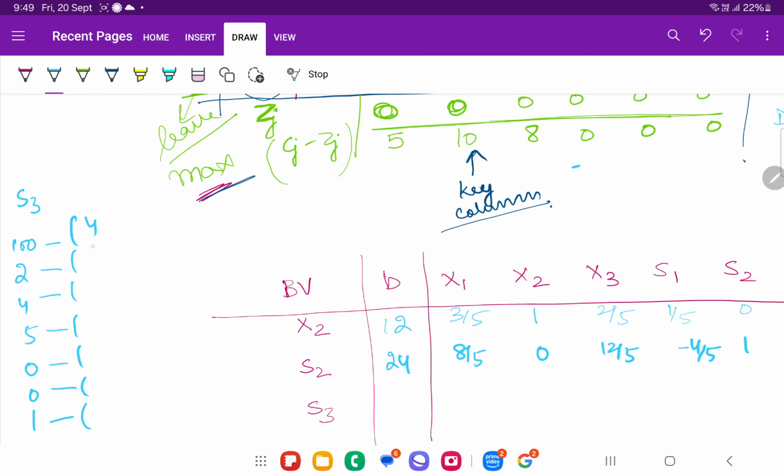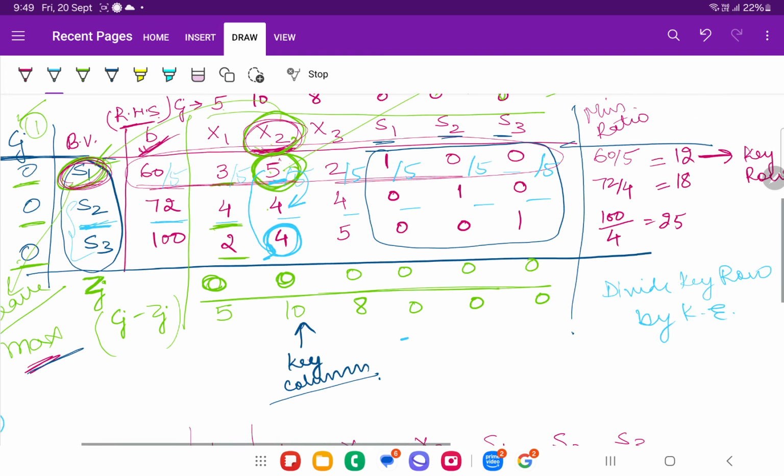So I'll write down 4 into again the new values of the key row, that is 12, 3 by 5, 1, 2 by 5, then 1 by 5, 0, 0.